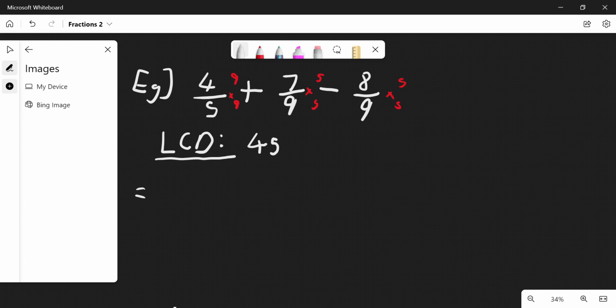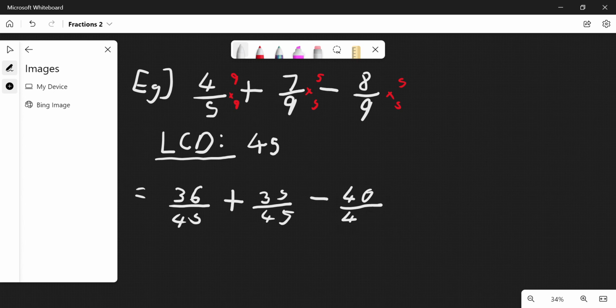What's 4 times 9? 4 times 9 is 36, over 45, which is 5 times 9. We have plus 7 times 5 is 35 over 45, minus 8 times 5, which is 40 over 45, which is 9 times 5.